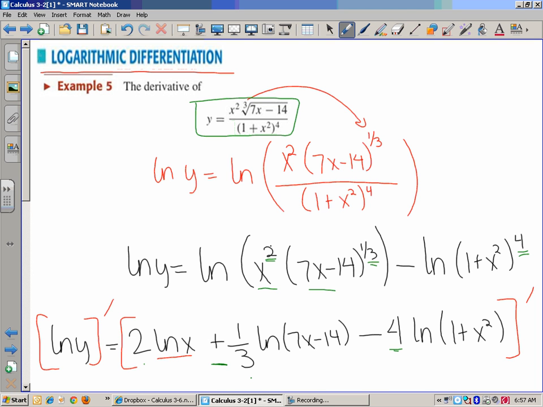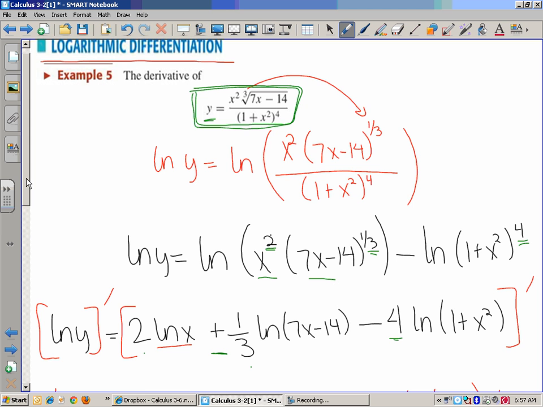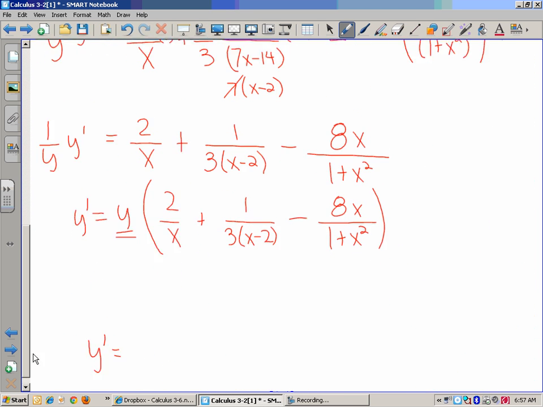Okay? So what I'm going to do right now is take this that I have here in a green box, that's the y, and substitute it into my final step so that I can say, okay, now I have the derivative of y with respect to x.